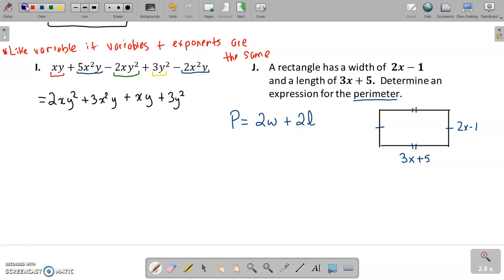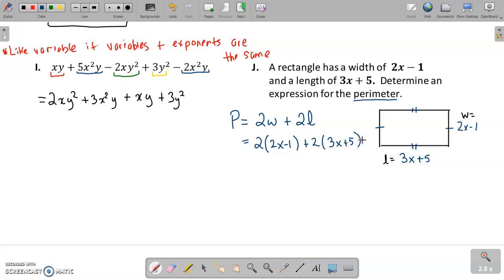And we know based on the description that this is our width and this is our length. So you want to also identify when doing the question what is what. So now fill it in with the numbers or expressions. So we have 2 times 2x minus 1 plus 2 times 3x plus 5.